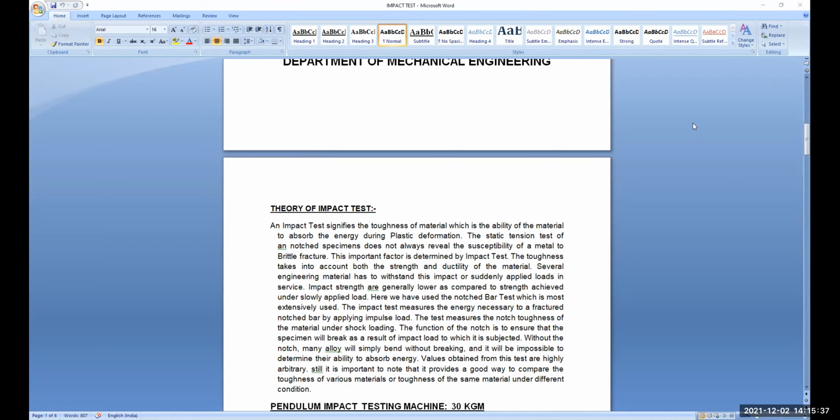But by simplifying the type or method of loading, we have reached a situation which is close to the actual limit. So in actual practice, in the design of members also, we follow this way of loading the system. Now, for a single loading, we have told you there is a single pointed load acting at a point over a beam member.